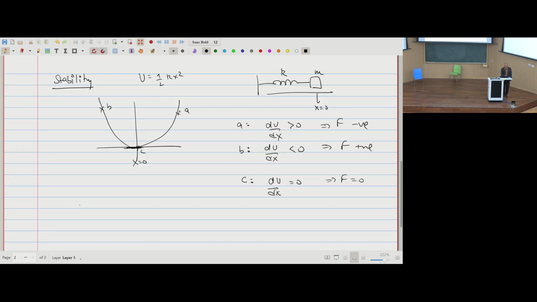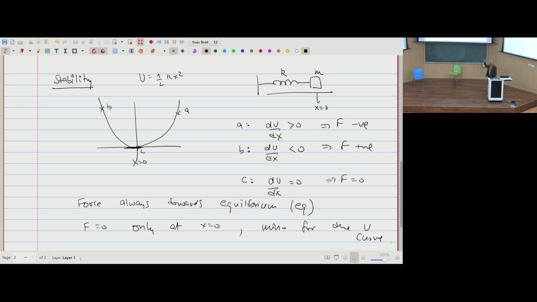So I'll write some conclusions here. One is, for this particular case, force is always towards equilibrium. I'll write it as EQ in this lecture. And F is equal to 0 only at x equal to 0, which actually is the minimum for the U curve.